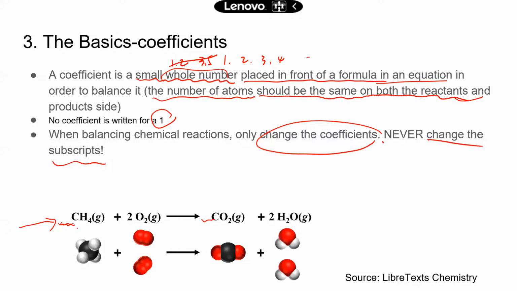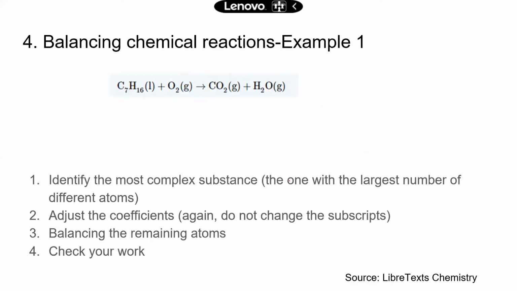If, let's say, I have methane here, and when I balance the chemical reaction, I can't really have 4 hydrogen here, so I'm going to change it to 2. Then this chemical is not methane anymore, right? So do not ever change the subscripts. You can only change the coefficients, the numbers that are in front of the chemical formulas. All right, so that's coefficients.